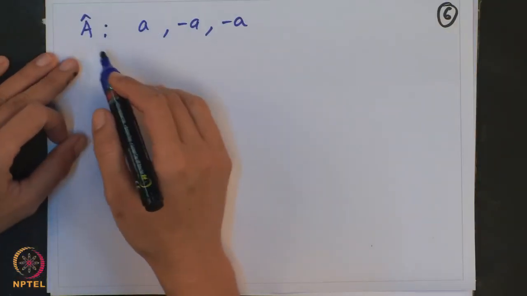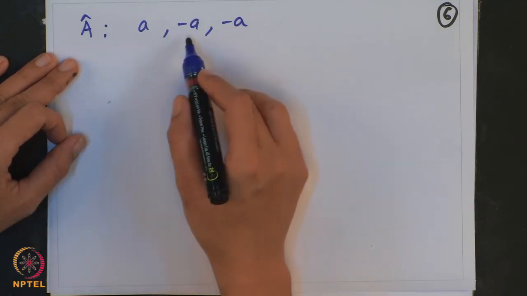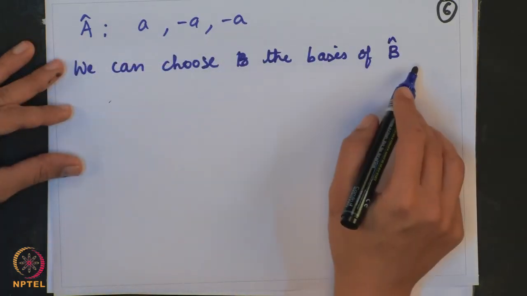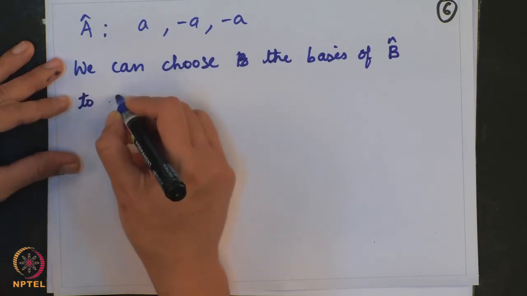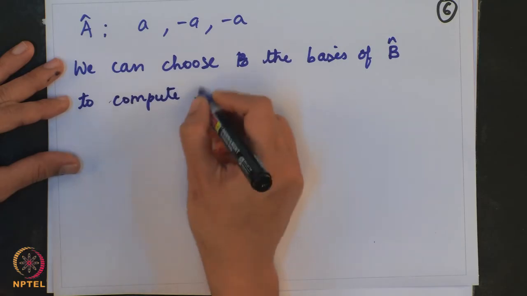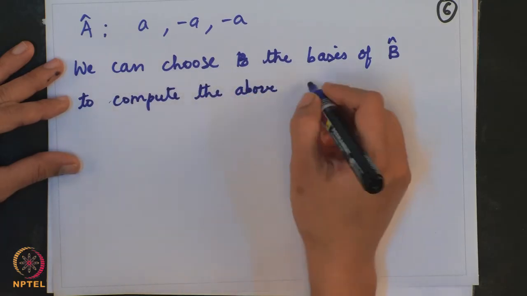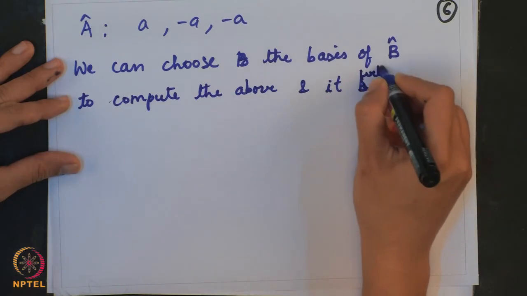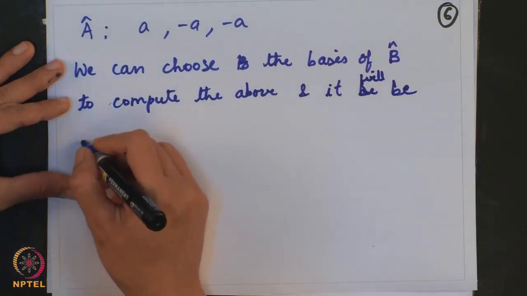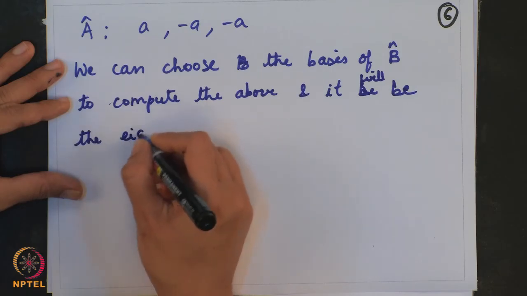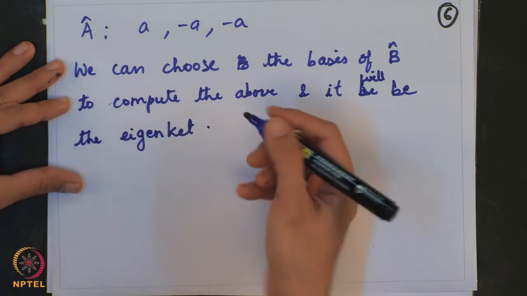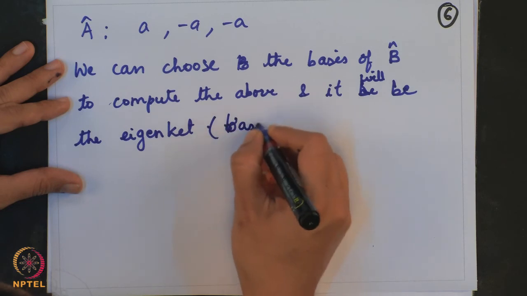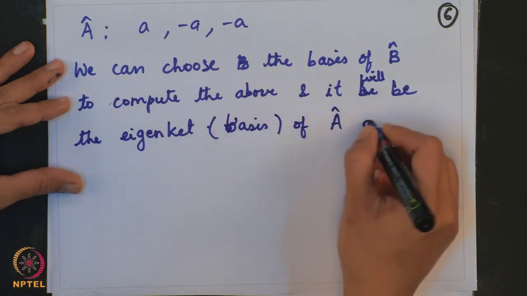So, A has eigenvalues a, minus a and minus a, and we can choose the basis of B to compute the above, and it will be the eigenkets or the basis of A also.